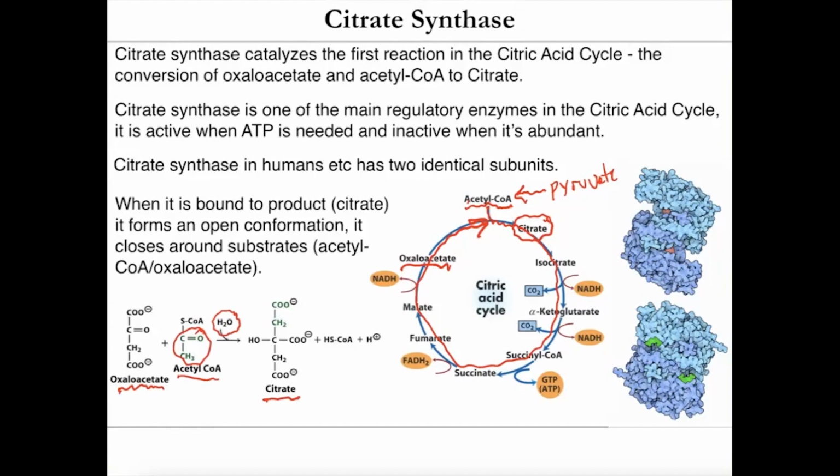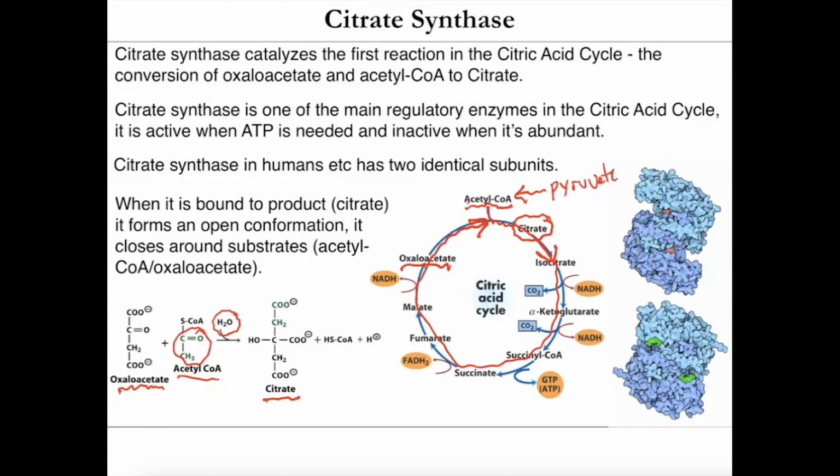And then that'll be used for the next step in the citric acid cycle. So citrate synthase is one of the main regulatory enzymes in the citric acid cycle. There's a couple that are under allosteric regulation. So just like phosphofructokinase, it's active when ATP is needed, and it's inactive when ATP is abundant.